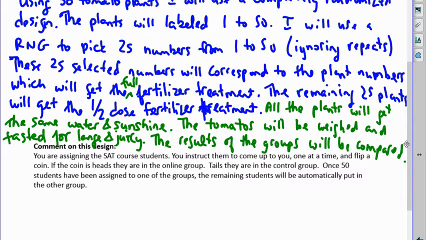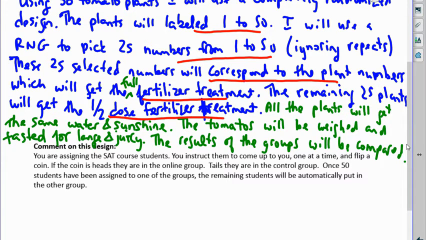You need to say what the treatment is, what the placebo or the control group will have. And then you do need to go into the detail of how you're going to further control this, and that you will compare the results at the end. That's very important. So that gives you a model for it.